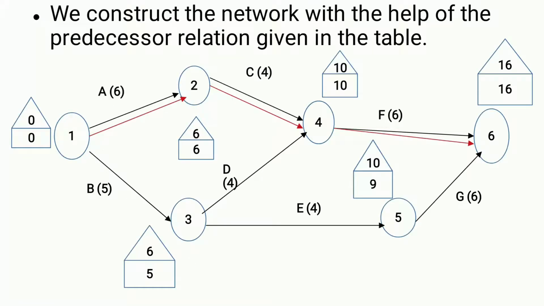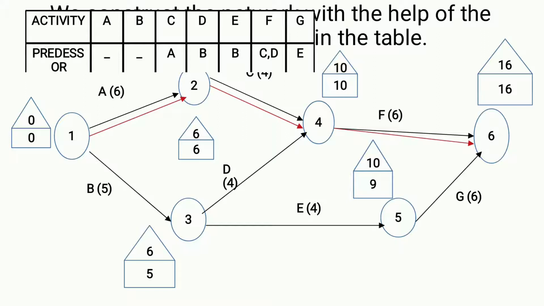First step, we have told that we have to construct a network diagram with the help of the predecessor relation given in the table. Activity A and activity B didn't have any predecessor, which means they are the start. Here you may have a doubt about what is meant by activities.